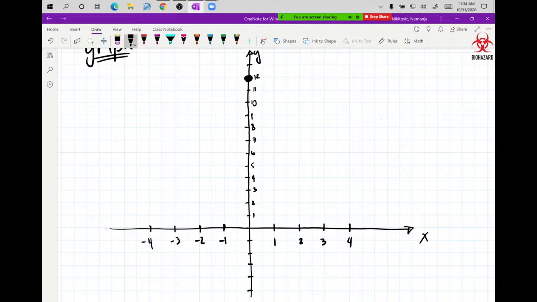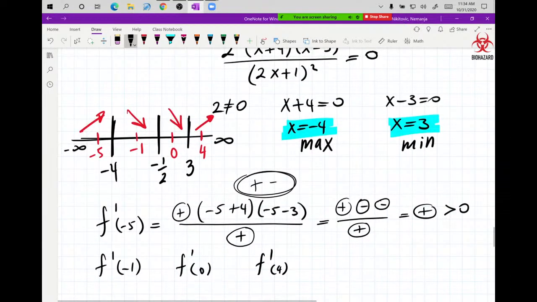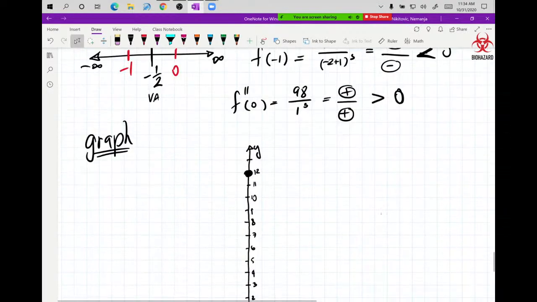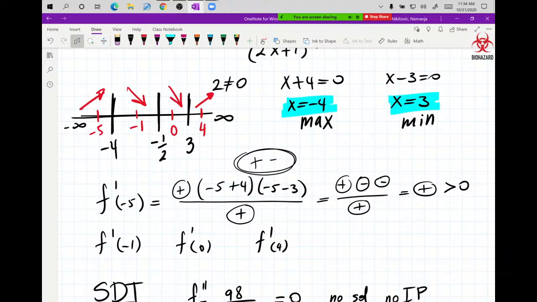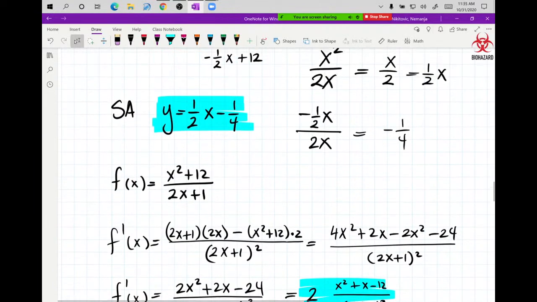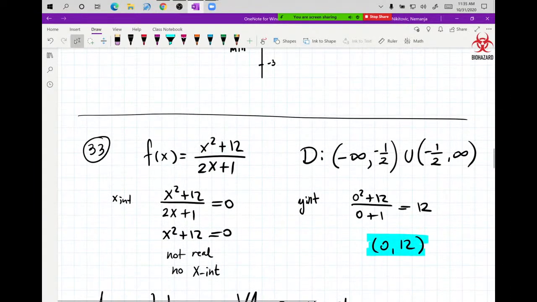Okay, so we have that. And then what are our max at -4, min at 3? Oh, I did not compute the y values for those. Bah. -4 in the original problem. There we go.